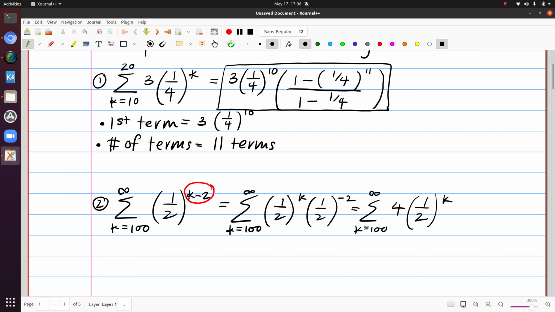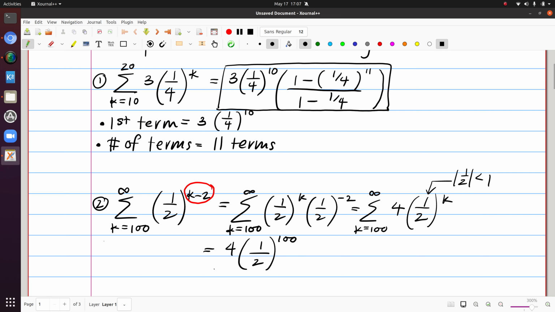And in this instance, we can see that I do have to be worried because it's infinite, but the r value is 1/2, and we see that in absolute value, 1/2 is smaller than 1. So that tells me that the series converges, but I can also find the sum of the series. So I would be able to say that this evaluates to the first term, which in this instance is 4 times 1/2 to the 100th power.